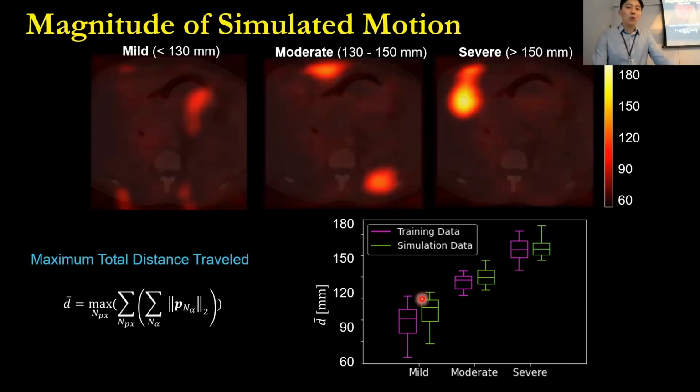Then we want to compare our training data and simulation data to see if our model was able to learn the underlying motion patterns present in the training data. Using the maximum of the total distance traveled, we can see that our simulation result agrees with what happens in the training data in terms of mild, moderate, and severe motions.